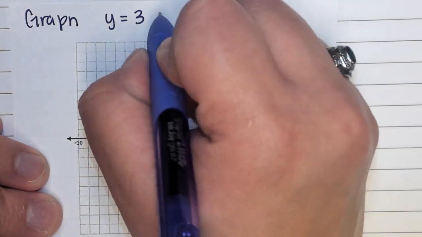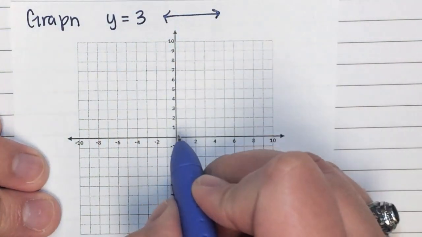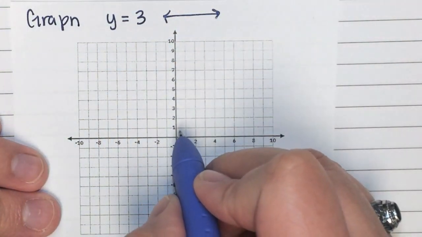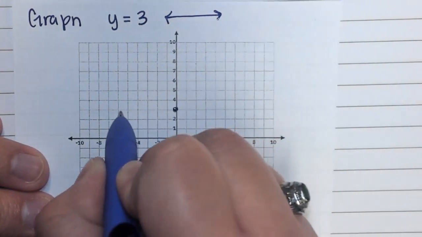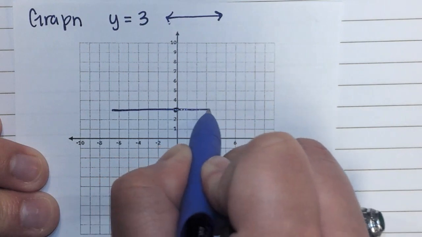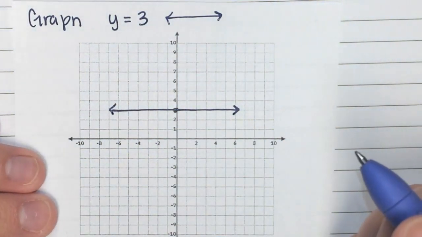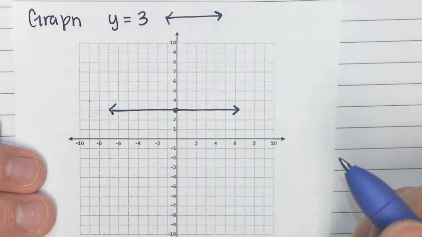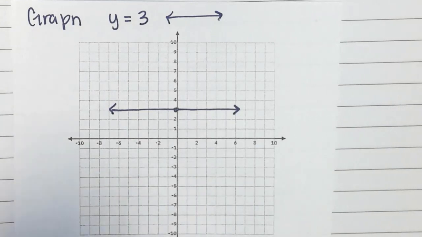So it's going to be side to side. And going through what number? The 3. So right here. Ooh. With arrows on both sides, please. That's it. Any questions?